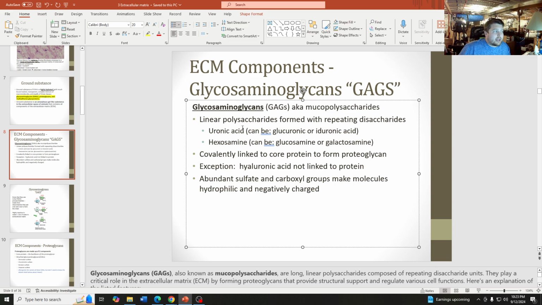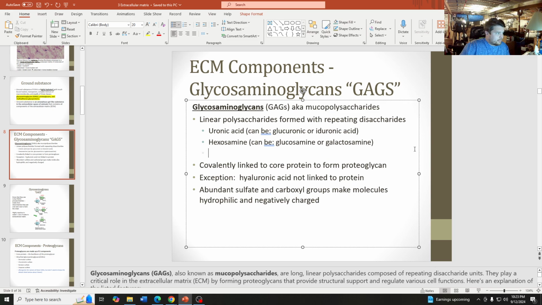Okay, so we have a uronic acid plus a hexosamine. So the disaccharides of GAGs equals a uronic acid plus a hexosamine.